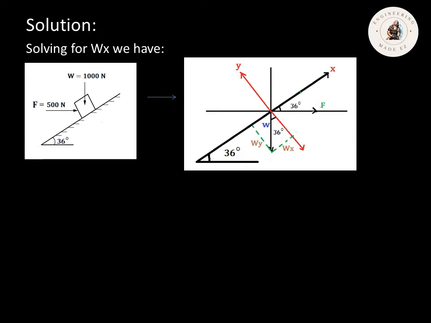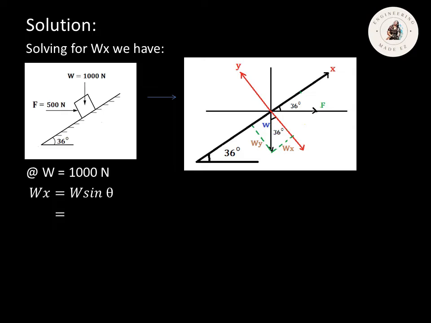Solving for Wx, as you can see, Wx is at the opposite side, so we're going to use sine theta. Given W is equivalent to 1,000 Newton, we have Wx is equal to W multiplied by sine theta.